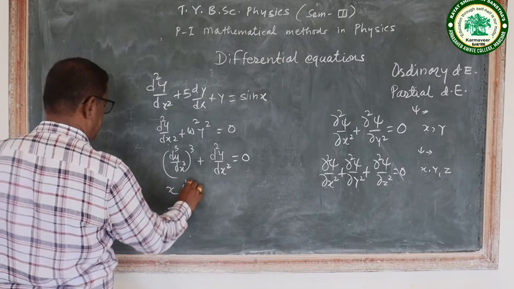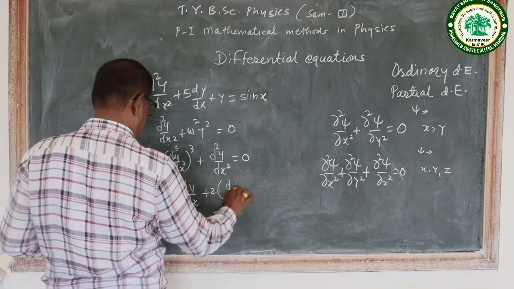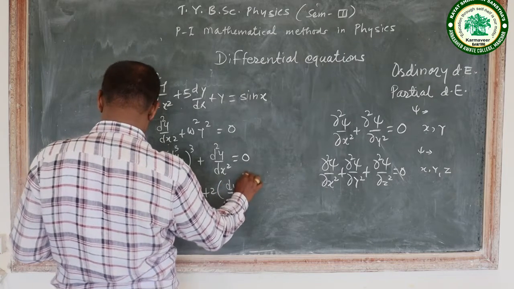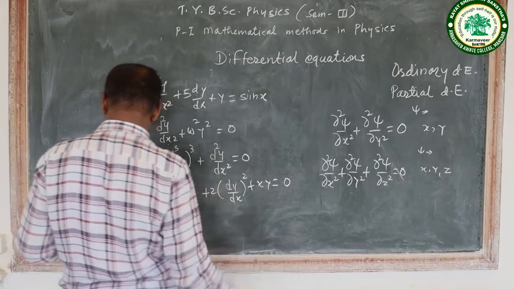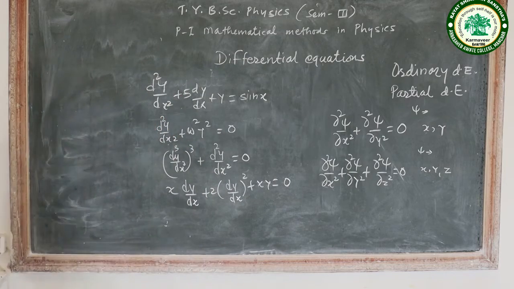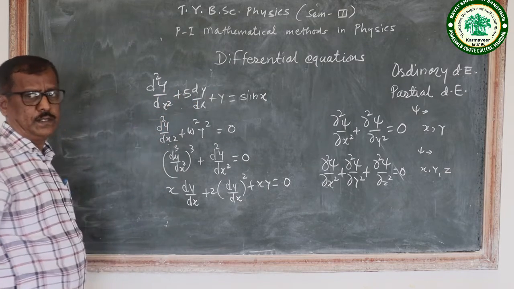See x dy by dx plus 2 (dy by dx) bracket square plus xy equal to 0. Now see what is the degree and what is the order of a differential equation.